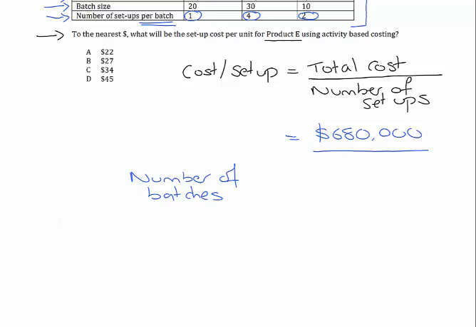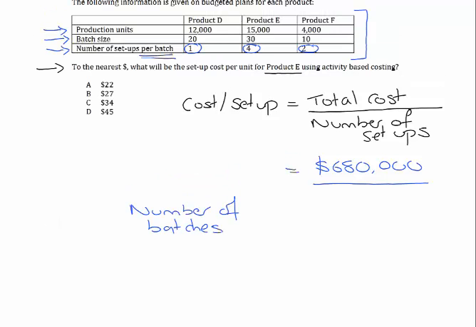And first of all, for product D, we're going to have 12,000 units and we make them in batches of 20. So for D, we have 12,000 divided by 20, which means we're going to have 600 batches.